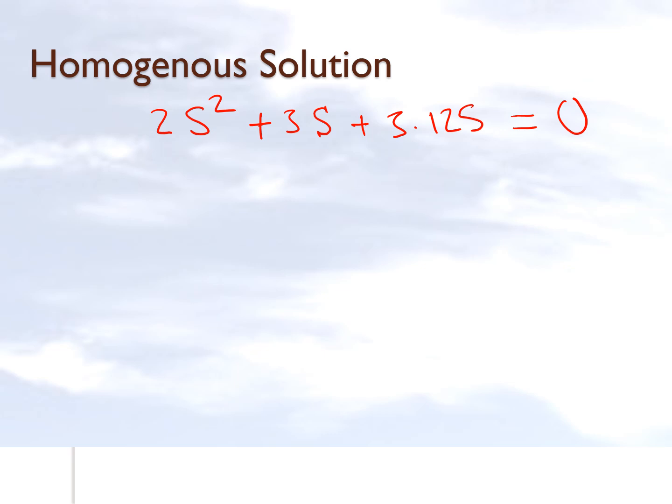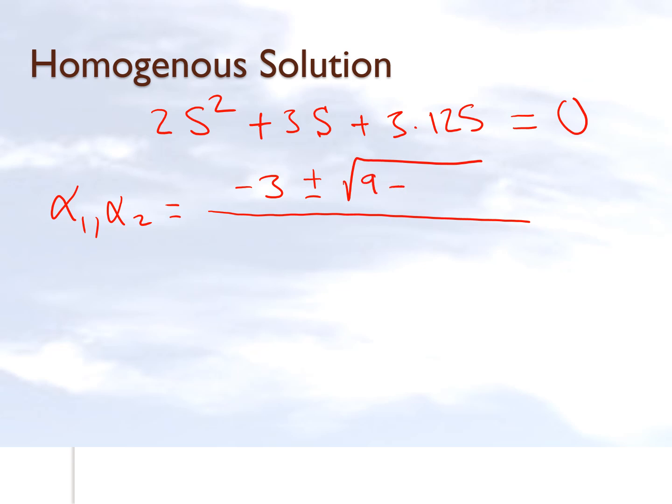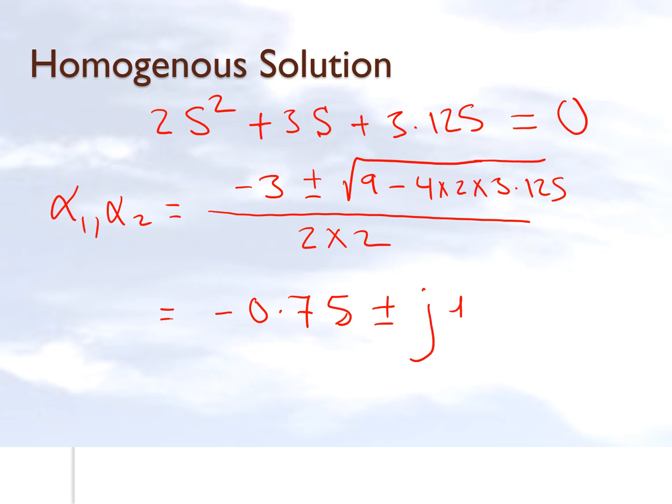Okay, so the two roots alpha 1 and alpha 2 can be obtained as minus 3 plus or minus the square root of 3 squared minus 4 times 2 times 3.125, divided by 2 times 2, and this gives us a complex number whose value is minus 0.75 plus or minus j1.